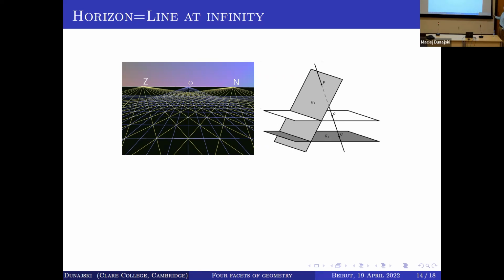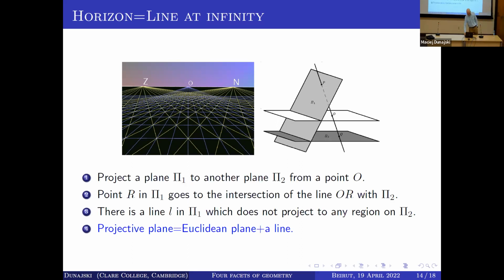So imagine projecting one plane to another plane, from a point O. So this point O would be the eye of an artist, a painter, and the plane P is the plane she paints, and plane Q is the canvas.